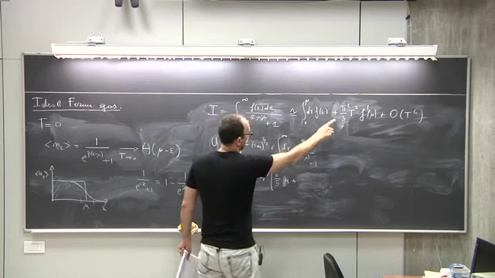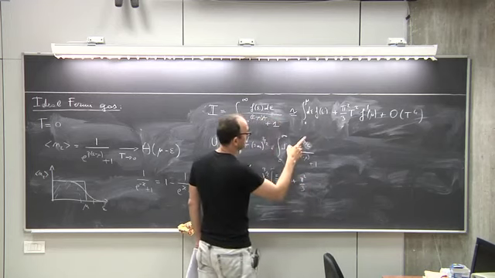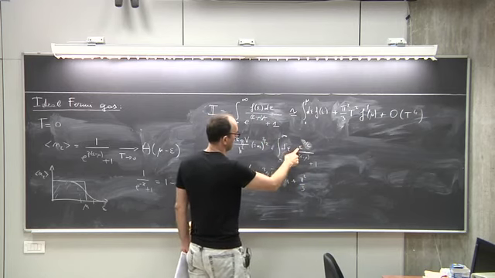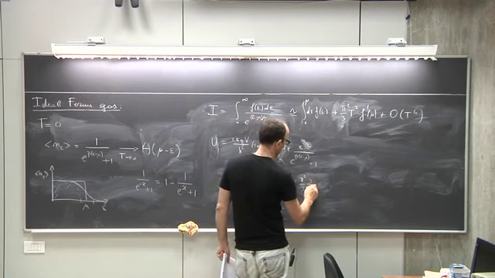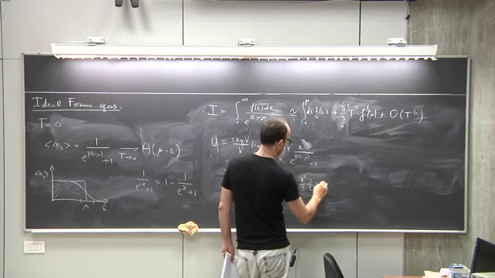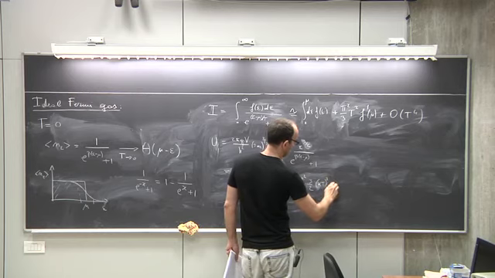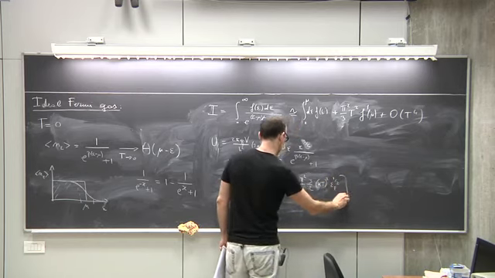And the other term will give you pi squared over 3 times the first derivative of this, 3/2 times epsilon f times kT squared times epsilon f to the 1/2.